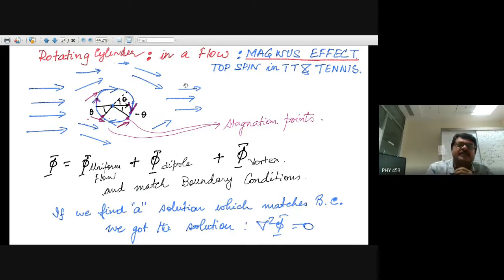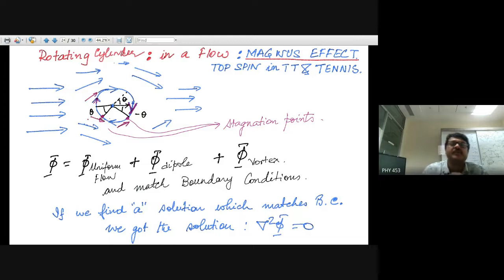But to consider the rotation of this ball, we also add a scalar potential of a vortex, which will be able to match boundary conditions if we take the scalar potential of these three simple flows and try to match boundary conditions. And if we can, then because we're solving Laplace's equation, we know it has a unique solution, and that solution that we find will be the solution for the velocity field.